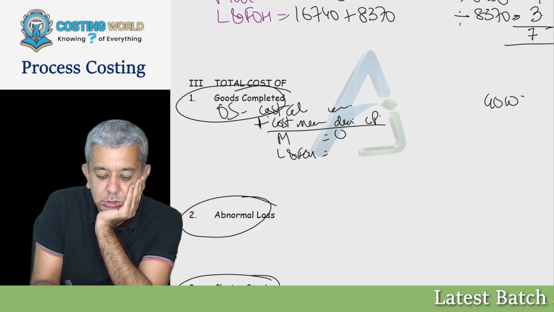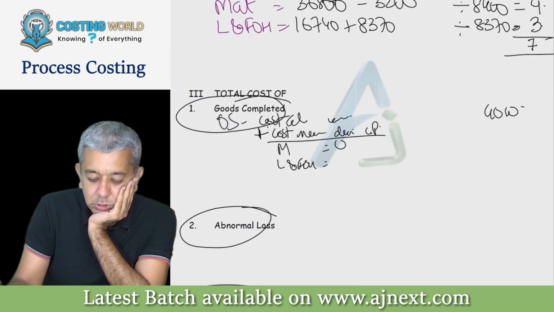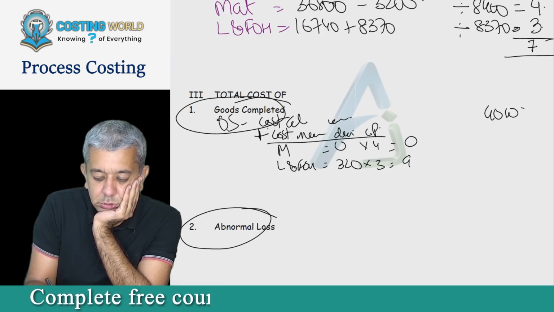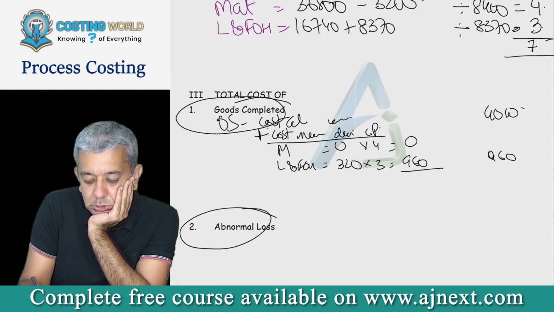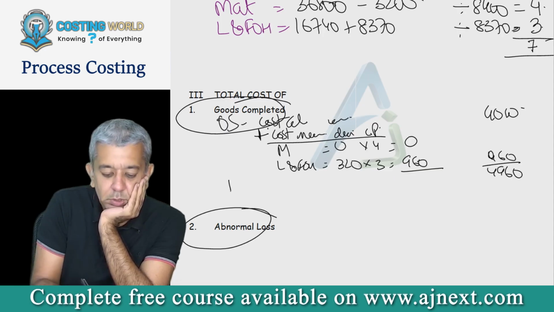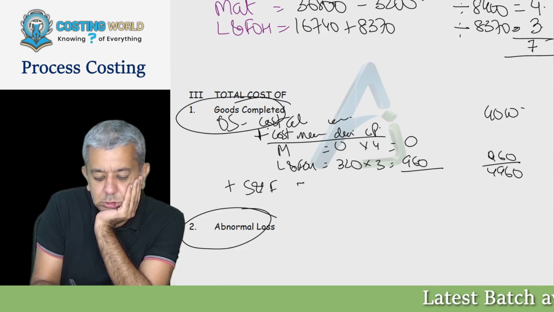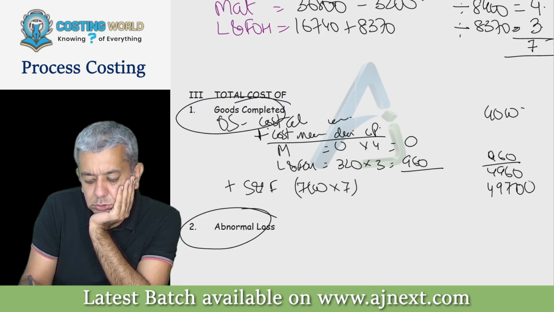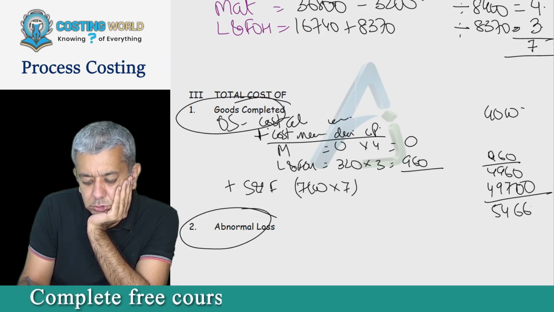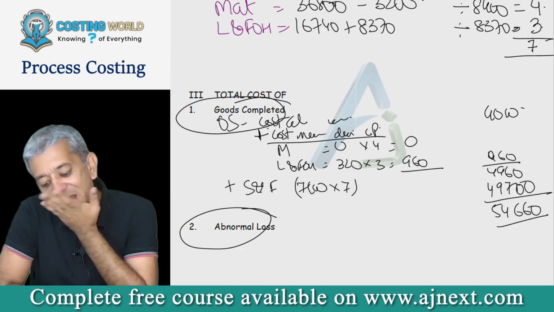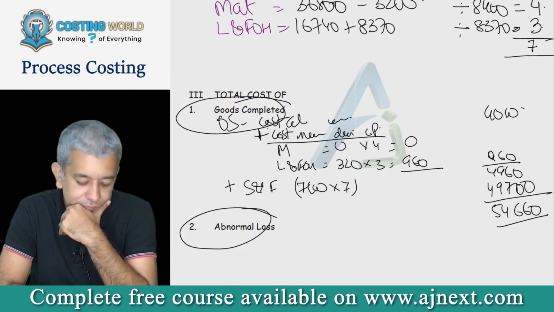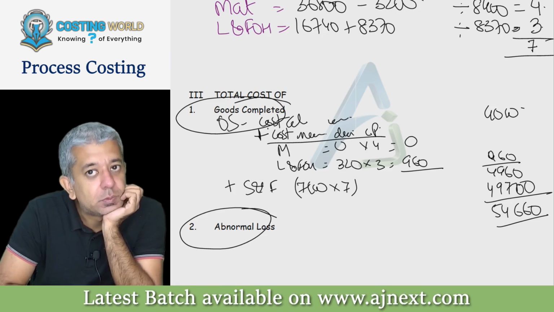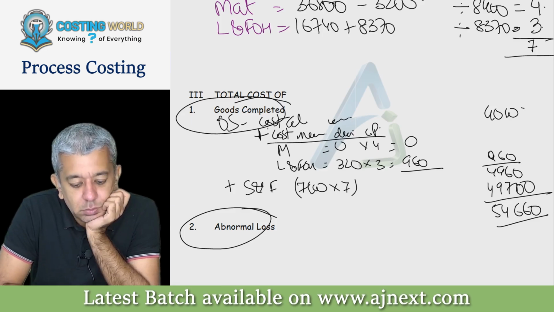So therefore 0 over here and 320 over here, into 4 and 3. This will be 0, 960, this is 960, this is 4,960. Plus started and finished, 7,100 into 7. That is 49,700. This will give you 54,660. Okay. Everybody has got this?